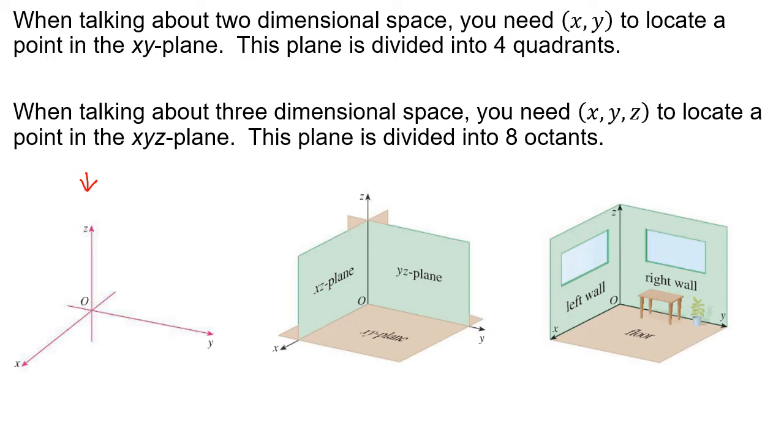That would be the floor of your xy plane. Then you have the two walls. You have an xz plane, and you also have a yz plane. That would be the left and right wall. And so there are intersecting planes that are making these different octants pop up. So that's your three-dimensional coordinate system.